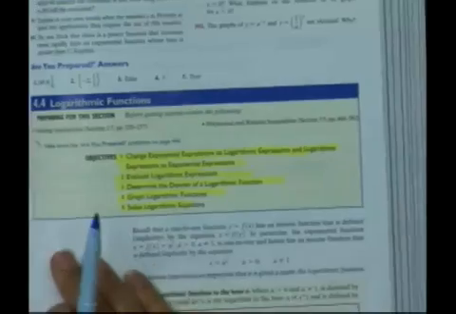So, in section 4.4, logarithmic functions, the first thing we're going to do is look at the exponential function, observe that it is one-to-one, has an inverse function, go to the inverse function, give it a name, which is called the log function. So the exponential function and the natural log function are simply inverse functions of each other. And you remember that's just a business of creating new functions when you're able to come up with an inverse function.